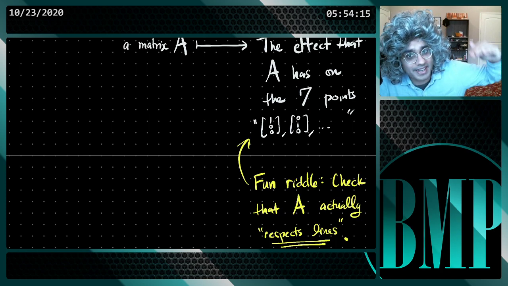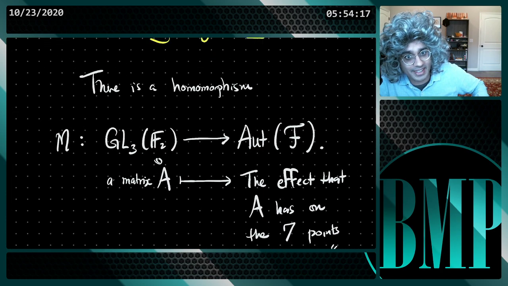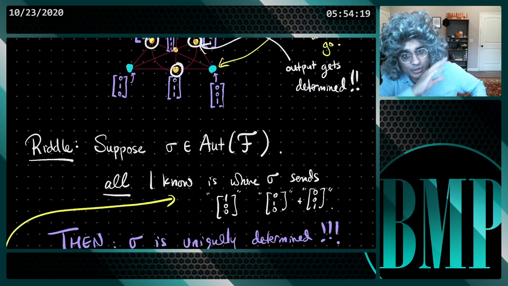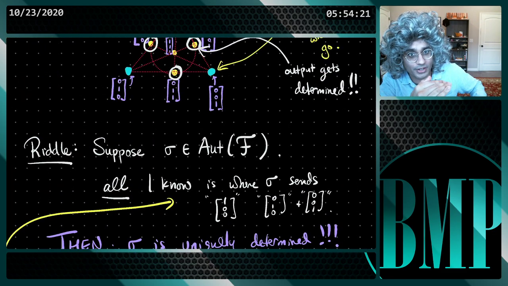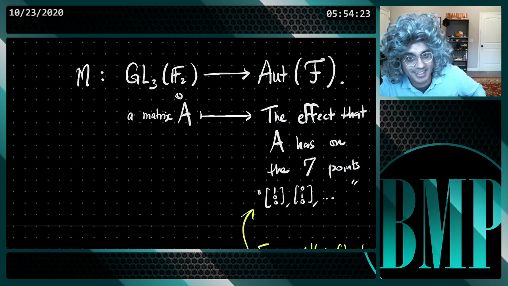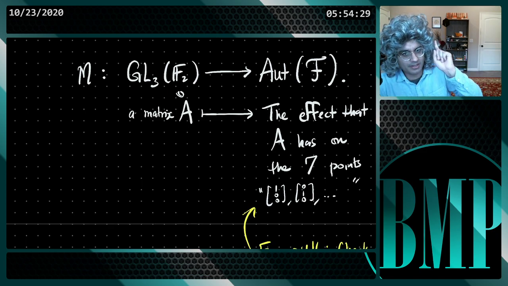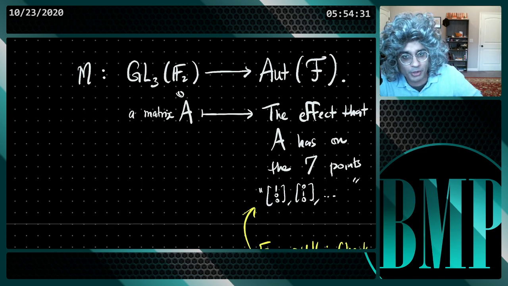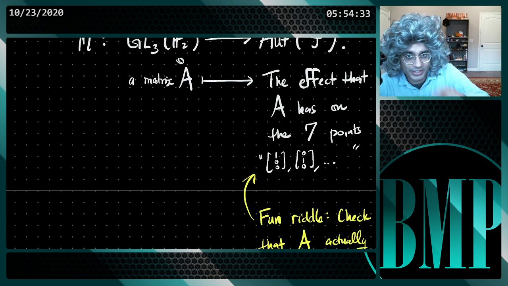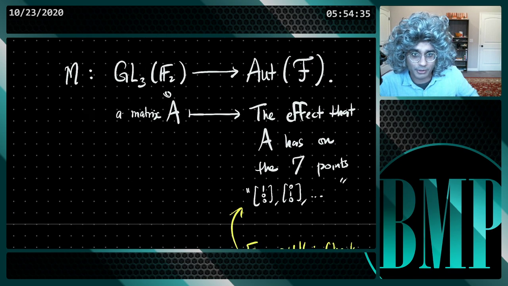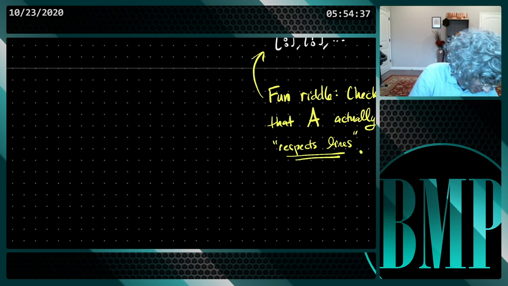That's what makes the lines go to other lines. So any matrix with ones and zeros, 3 by 3, invertible, produces an automorphism of this Fano plane.